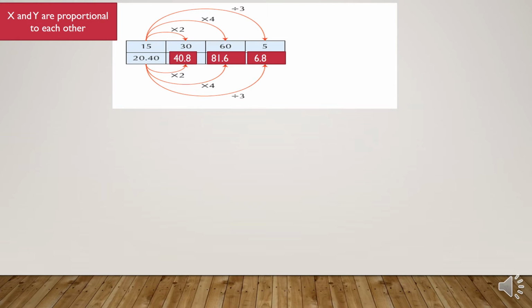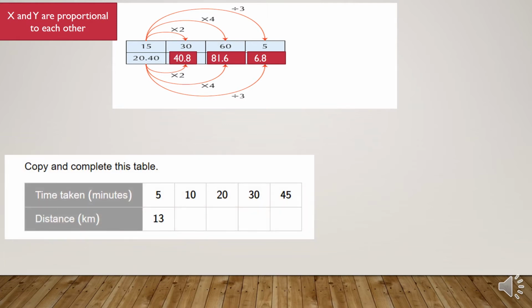Let's solve this one together. We have this table, and as we know, the time and distance are always proportional to each other. So from 5 to 10, you multiply it by 2. So to get the answer, you have to say 13 times 2 is 26, and so on. 5 to 20, you multiply it by 4.